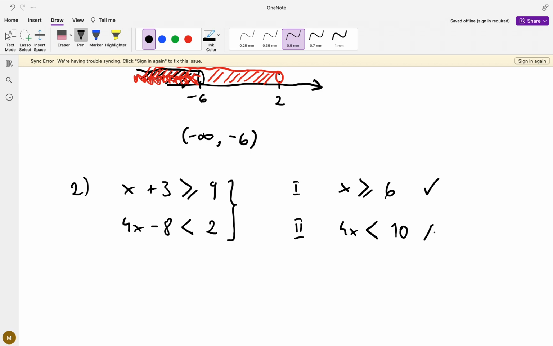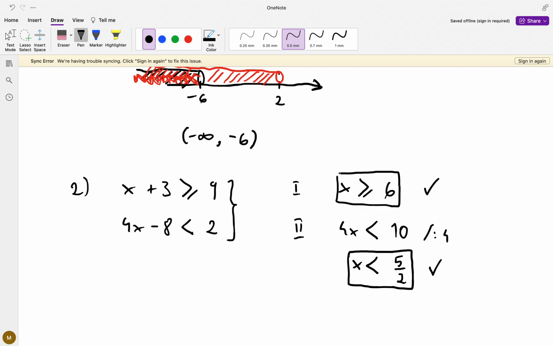Now let's divide both sides by 4 to have x on its own, and we end up with x less than 10 over 4, which is 5 over 2. Okay, so we got both solutions. Now keep in mind, these solutions are only for each of the individual inequalities.